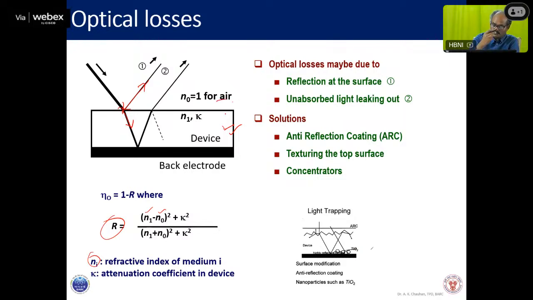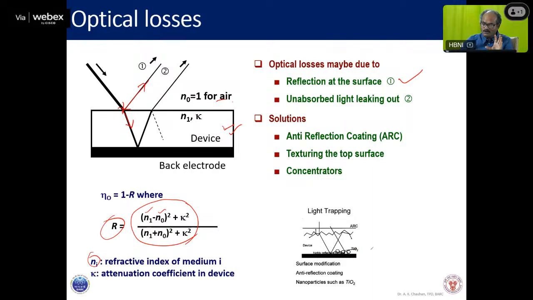So this much amount of light is always going to be reflected. However much you try, this much amount is always going to be reflected. So these optical losses are there. The first loss is that some part of the light falling on your solar cell is going to be reflected.